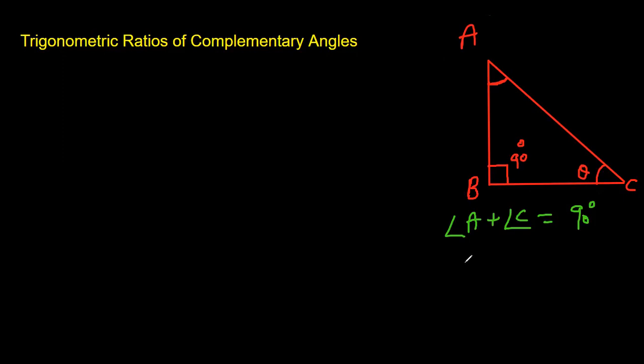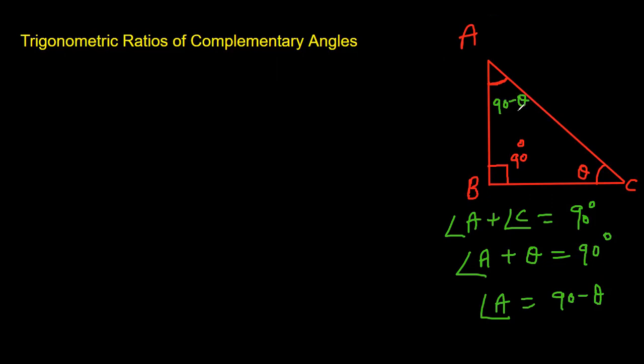Now, if angle C is theta, then angle A in terms of theta is 90 minus theta. So we can write in this place that this angle is 90 minus theta.